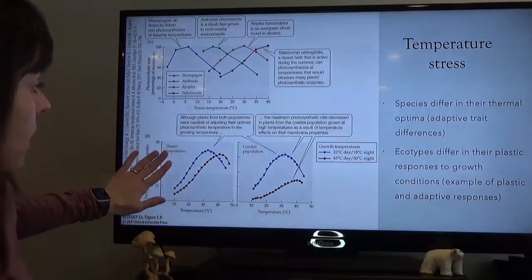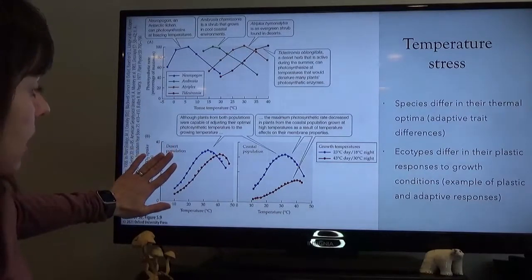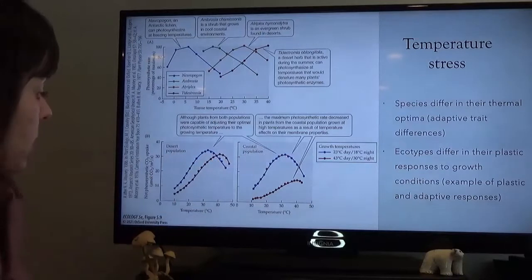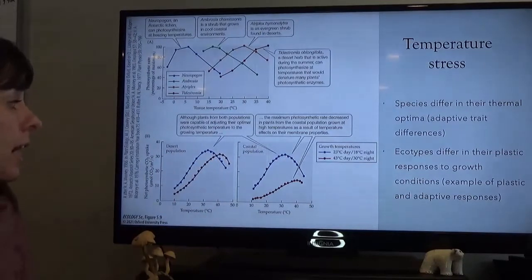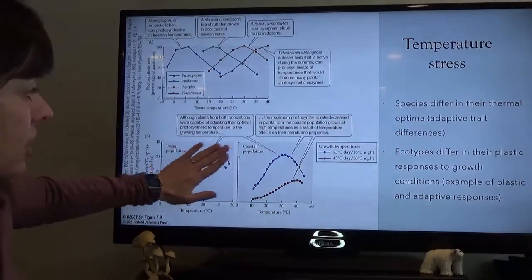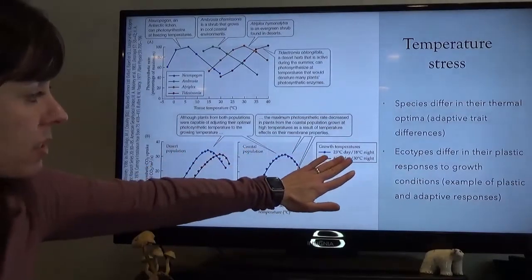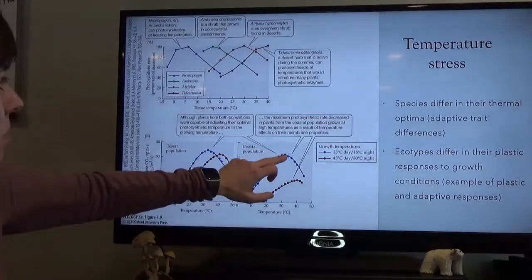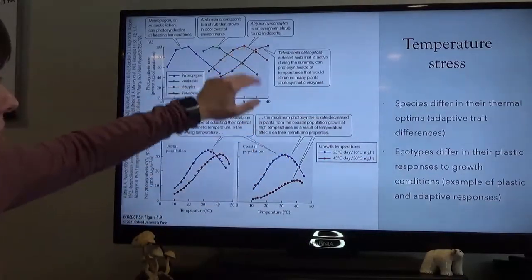Here we have the same species, Atriplex, growing in a desert population versus a coastal population. When we grow both of those populations at 23 degrees Celsius in the day and 18 degrees Celsius at night, they show similar response curves with a peak temperature of about 30 degrees, which is what we see up here.